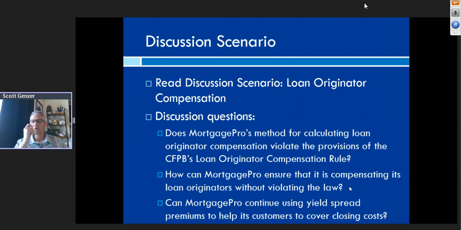All right, so someone said they're doing it right. Everybody agree with that? They're paying their originators 0.5% of the fee earned from the lenders. And Charles says no, that's not right, because they're paying a percentage of the fee.